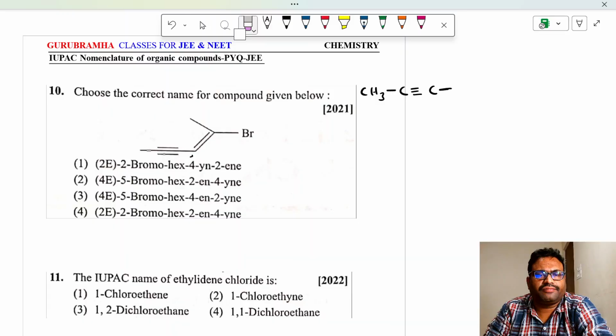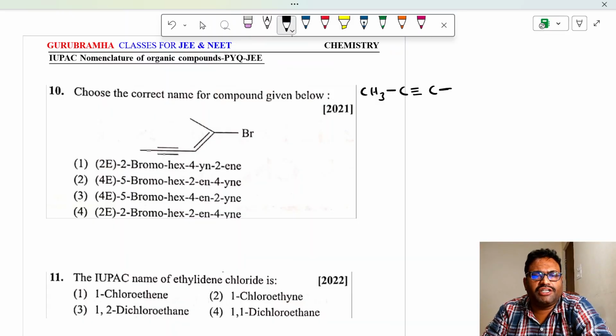Then CH3, C triple bond, C. Then after C, if you find here, there is a double bond.